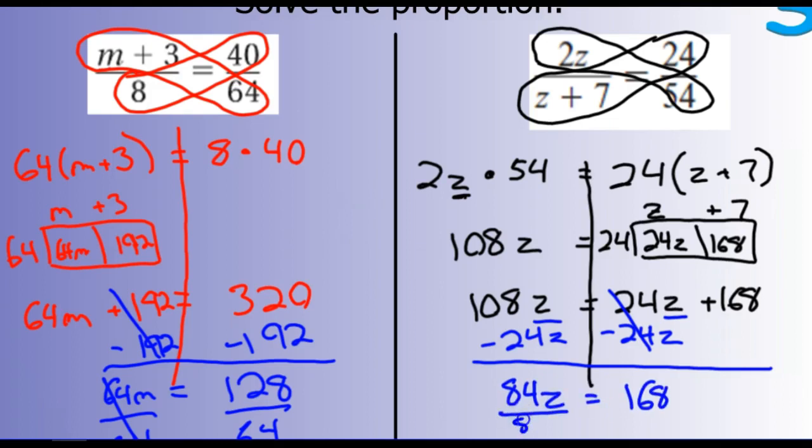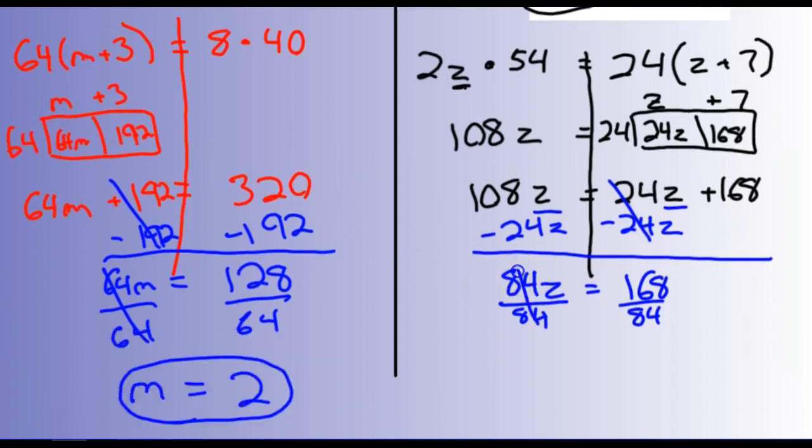So if I divide by 84, I get z equals 2. So we're using all of the skills we've already learned in these problems. We're just putting them in different areas now, so to learn different things.